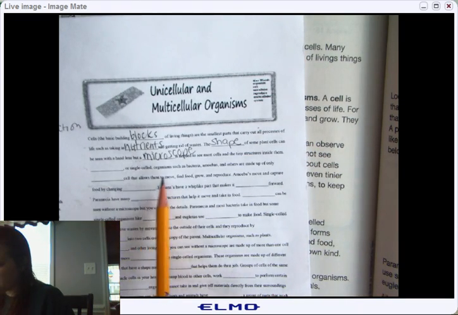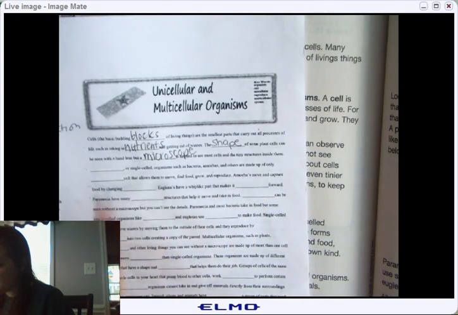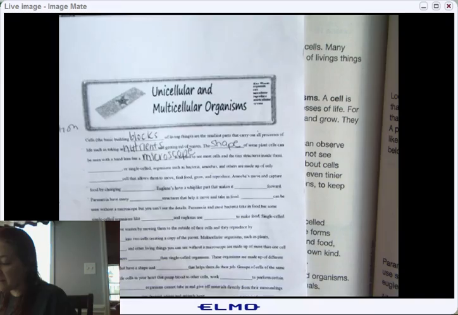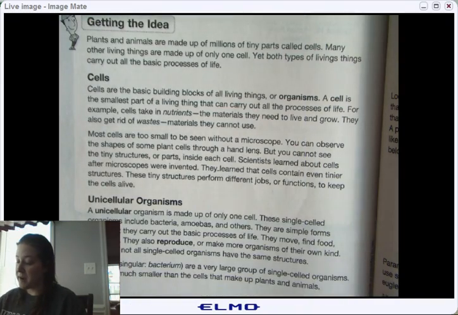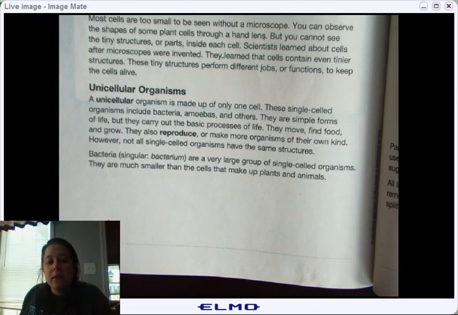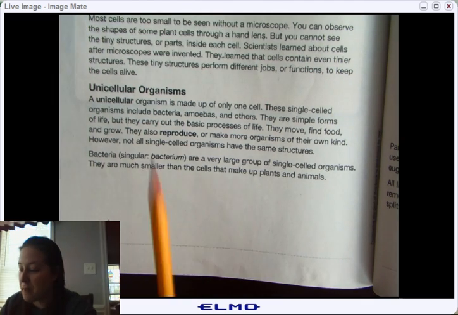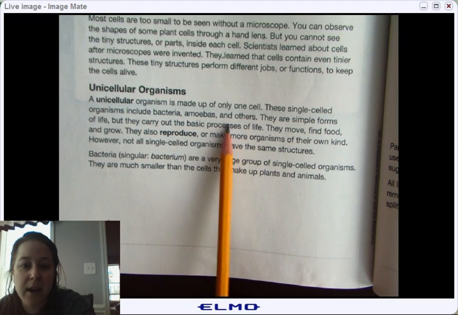Unicellular or single-cell organisms such as bacteria, amoebas, and others are made up of only one cell that allows them to move. We have not gotten to that part right there. Okay. Unicellular organisms. A unicellular organism is made up of only one cell. These single-cell organisms include bacteria, amoebas, and others.